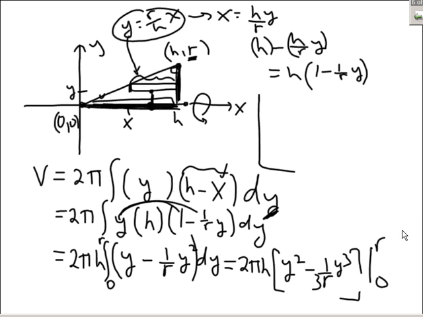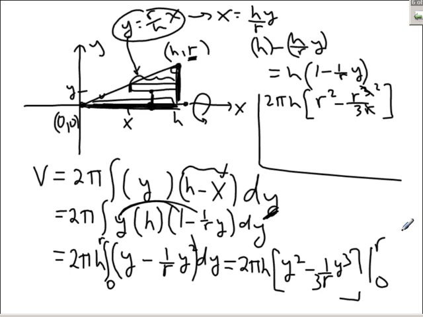And let me finish up here. 2 pi h. Now, when I plug in r, I get r squared minus r cubed over 3r. And of course, one of the r's will cancel. And when I plug in 0, I get nothing. So I have 2 pi h. From inside the brackets, I will factor out r squared.